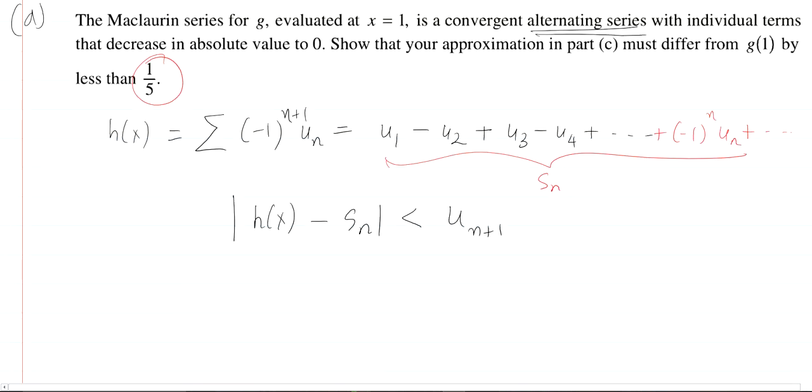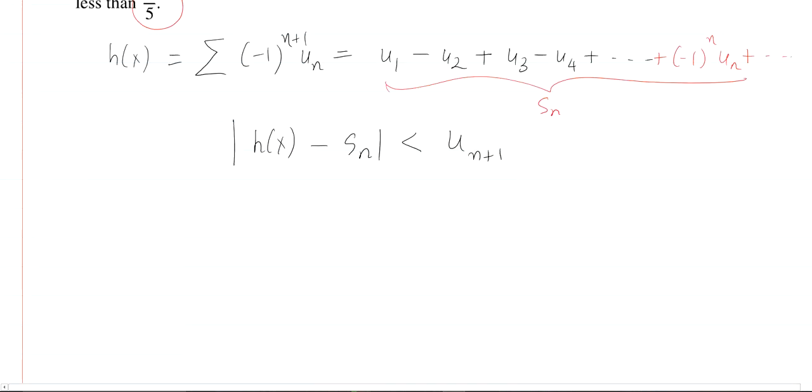Since the Maclaurin series that we have for g is an alternating series, and its absolute value approaches 0, we know that the series obviously converges. And since it converges, we can apply the same principle for the series, and we can say that g of x minus s2, which was the approximation that we did in part C, has to be less than the third term of the series.